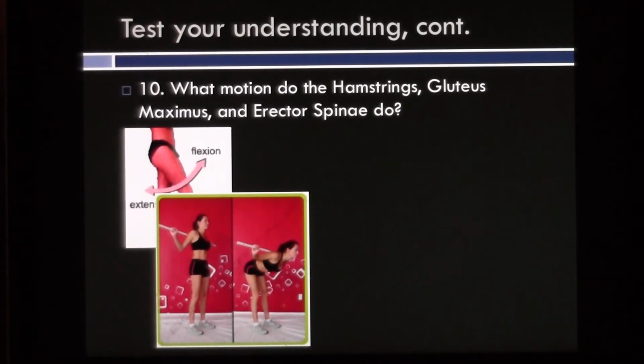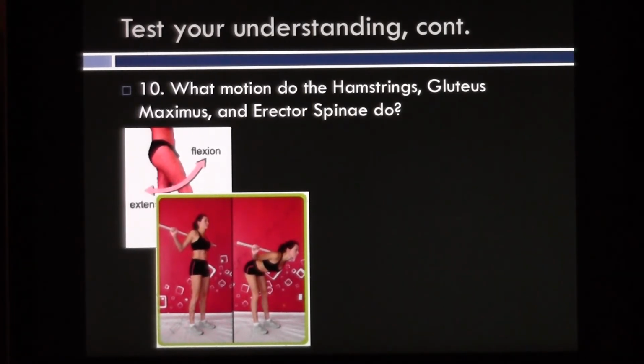So all of these are examples of hip extension, and all of them work all three of those muscle groups. But if you're familiar with these, you probably know that you absolutely can emphasize one of the muscle groups over another.